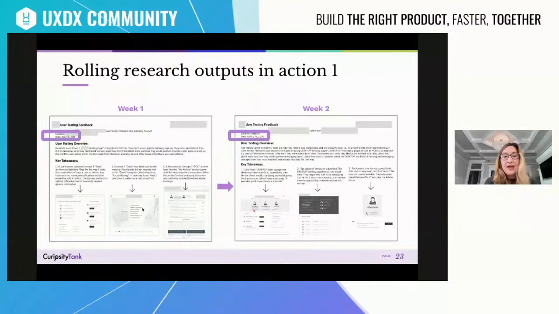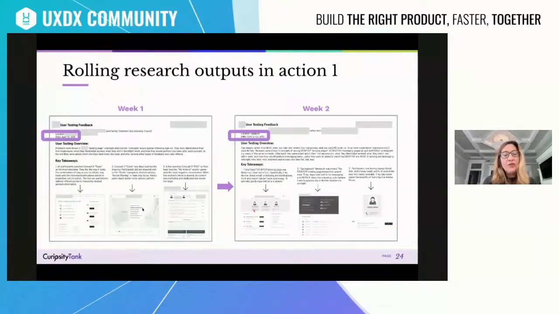Now, for the client, I wrote deliverables like this, right? So what you see on the left was week 1. You can see the date here is October 13th, 2015. This was 7 years ago, almost 8 years ago, for my first rolling research program. Week 2, you see what we tested, the key takeaways, and the date there is April 21st.